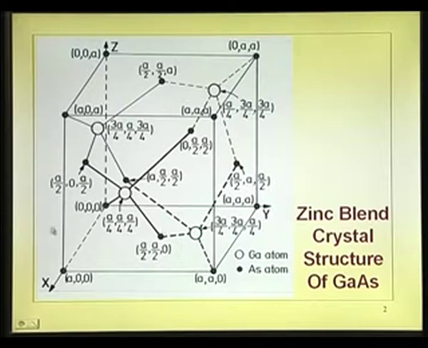In the zinc blende structure, all these black ones are the arsenic atoms, and all these open circles, you see 4 of them, are gallium atoms. On all the corners of the cube you have arsenic atoms.